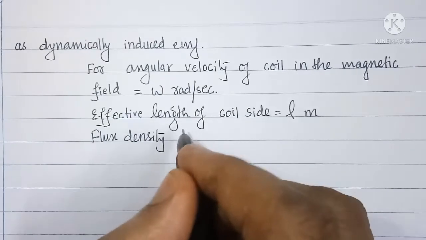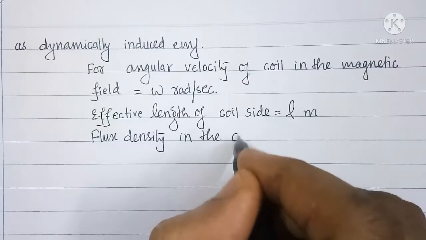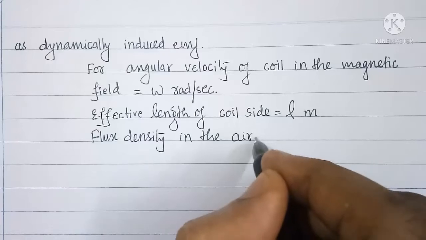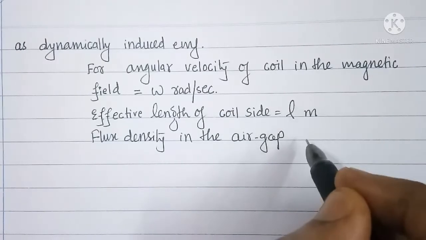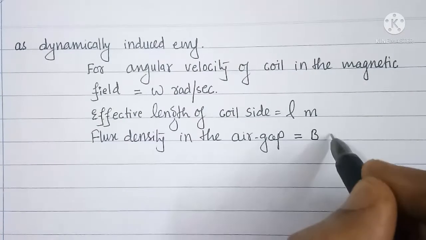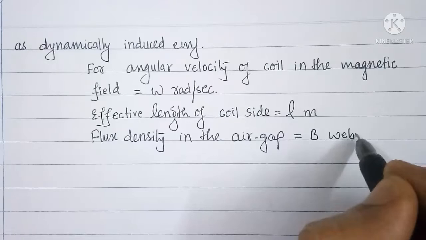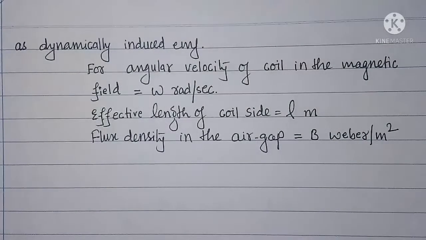Flux density in the air gap equal to B Weber per meter square.